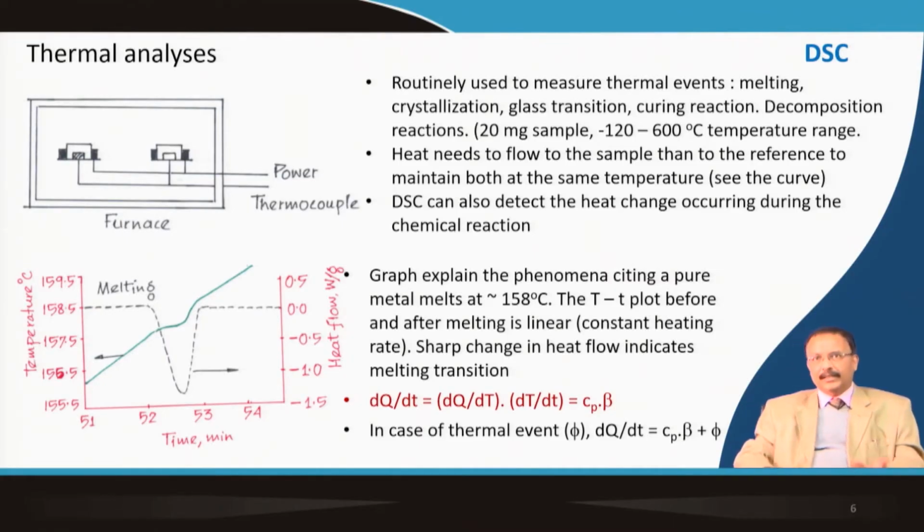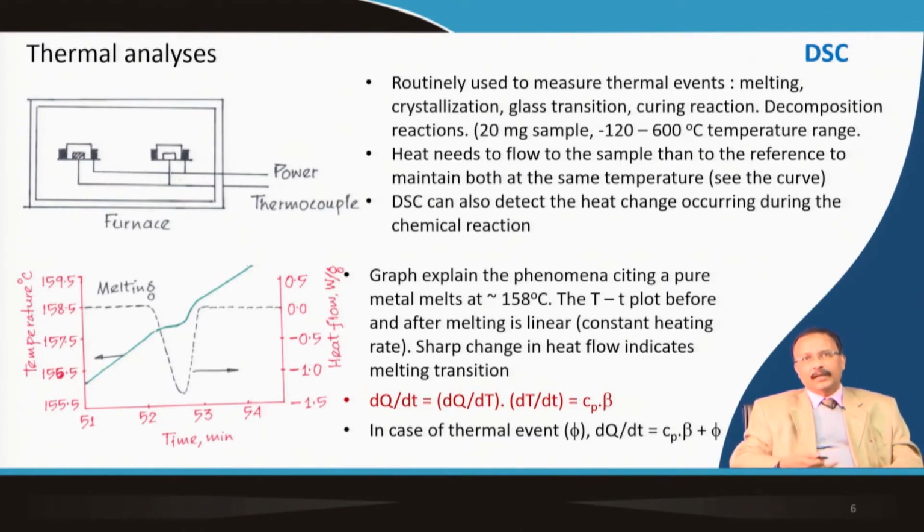Another similar kind of thing is differential scanning calorimetry. These are routinely used for various types of measurement of thermal events, including melting, crystallization, glass transition, some kind of curing reaction, and decomposition reaction.